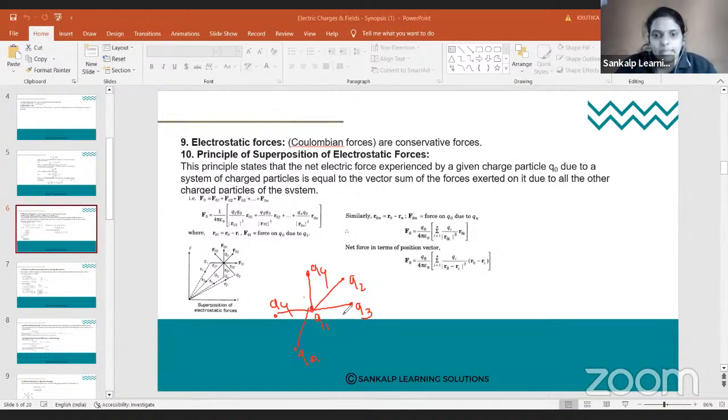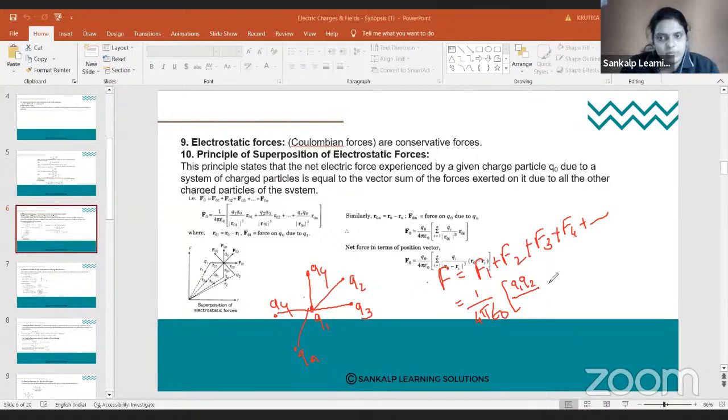Therefore between Q1 and Q3, Q1 and Q2, and so on up to Qn. So the force between all the charges is given by F is equal to F1 plus F2 plus F3 plus F4 and so on. In all of them 1 upon 4 pi epsilon naught is common, so I take it outside. Inside the bracket, F1 is between Q1 and Q2, so Q1 Q2 upon R1 square, plus F2, which is Q1 into Q3 upon R2 square.